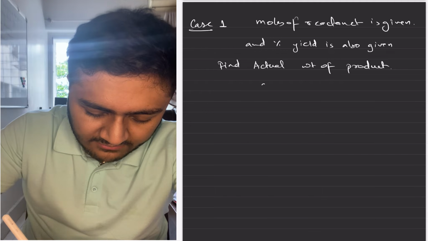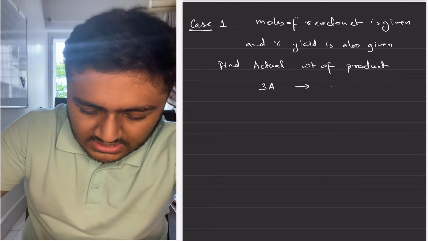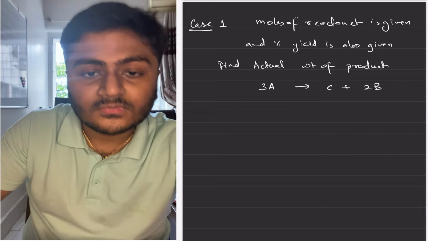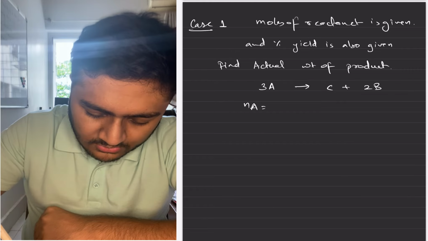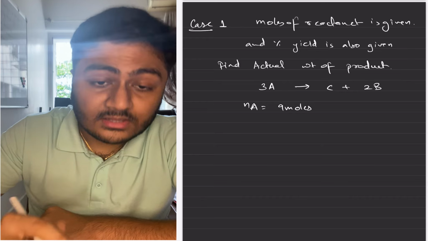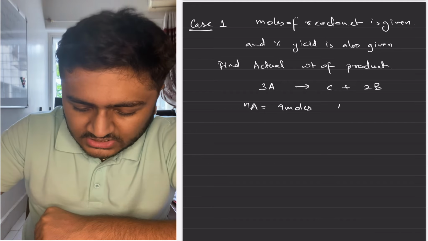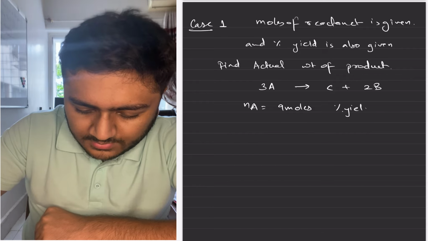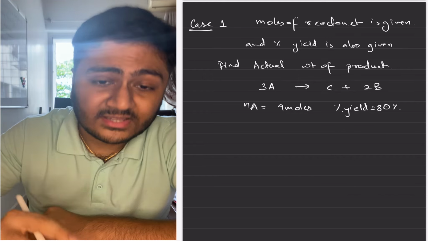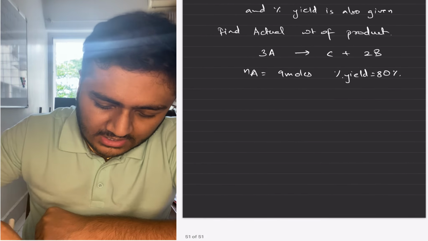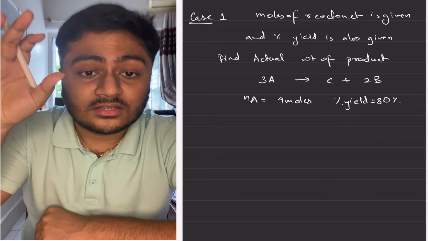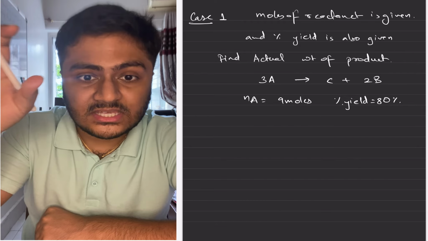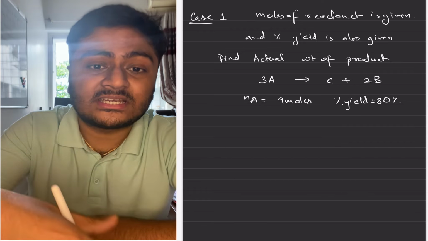Let's just say they have given you 3A gives C plus 2B. They have also given moles of A as 9 moles. They have given the percentage yield of the reaction to be 80%. This is the most common case. The first objective should be to find the number of moles of B and C if the reaction was 100% efficient.